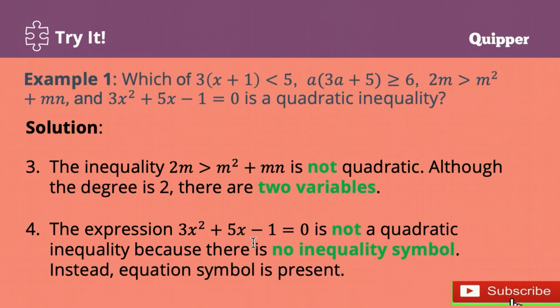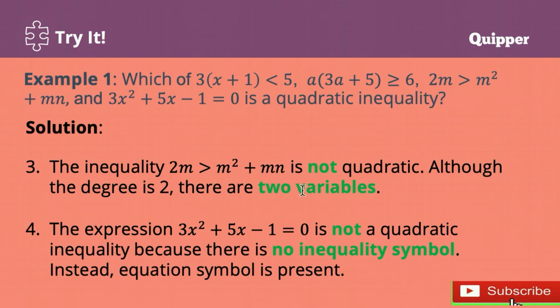For number 3, the inequality 2m is greater than m squared plus mn is not a quadratic inequality. Though the degree is 2, there are two variables, that is m and n.